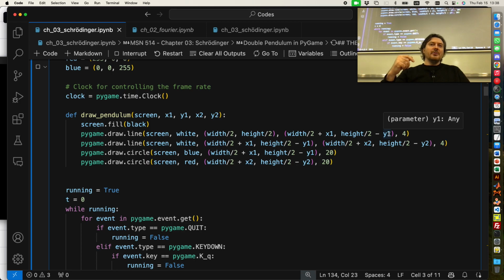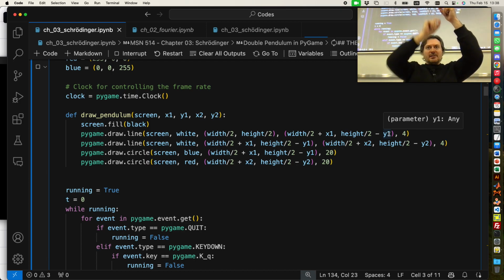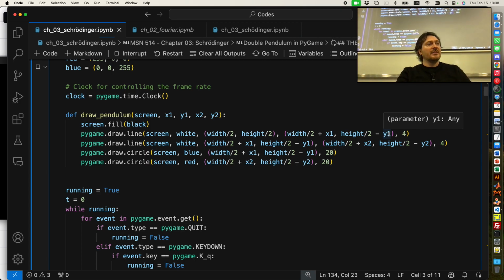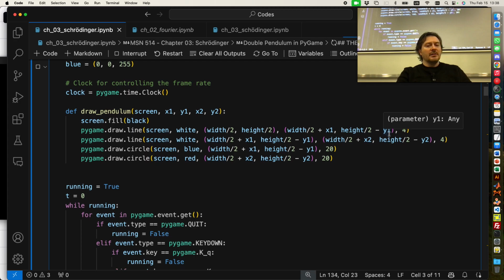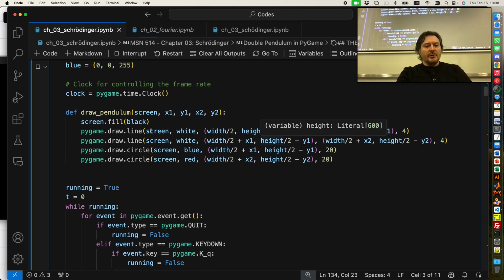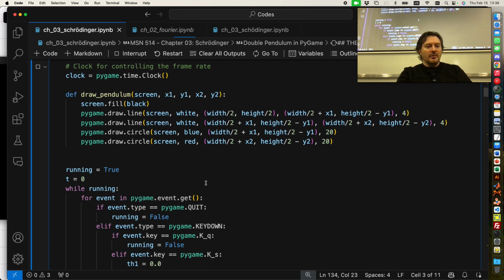Why minus y1? Because the screen calculates the pixels from the top to the bottom, so we are flipping it. Does it make sense? Yes? So you draw the lines and you draw the balls.